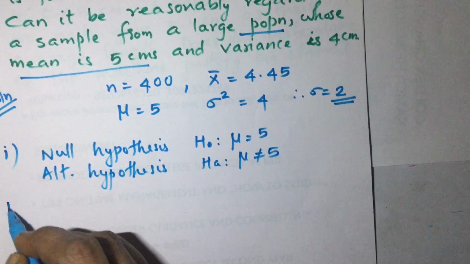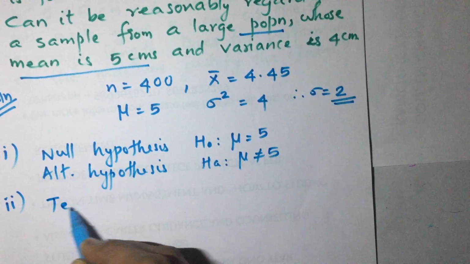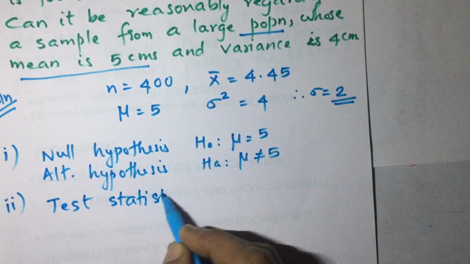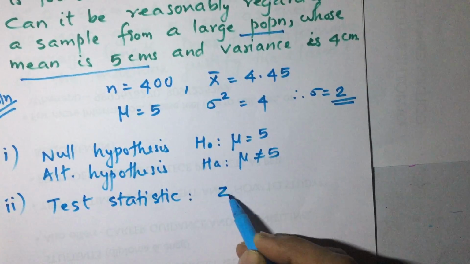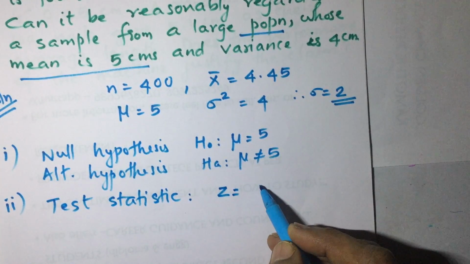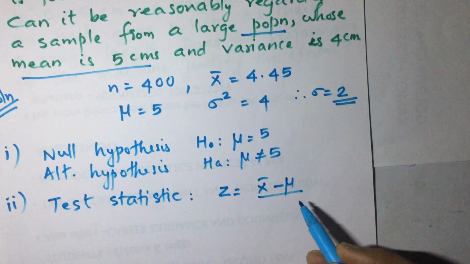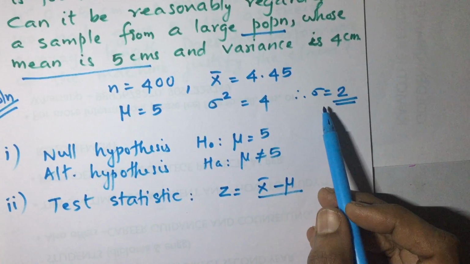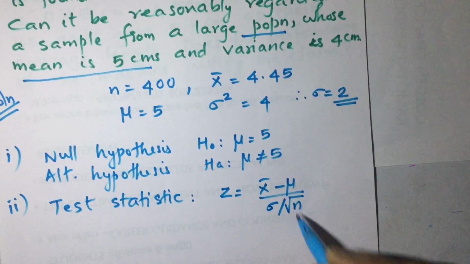Now second, we will see the test statistic. Like in the previous question, what will it be? It is x bar minus mu divided by sigma upon root of n, since the population standard deviation sigma is known.